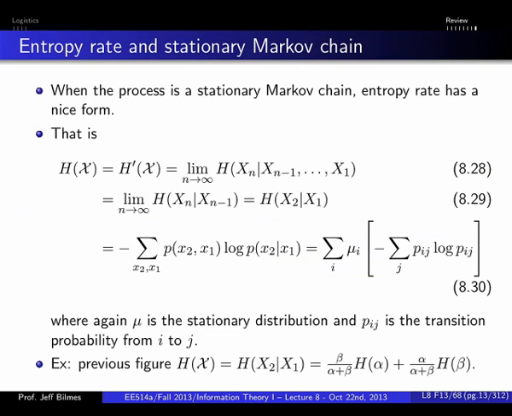Okay, so the last thing that we did last Thursday was talk about a very specific case: a first-order stationary Markov chain. Remember, in a first-order Markov chain, the probability distribution of the random variable at time n plus 1 is independent of everything before time n, given time n.